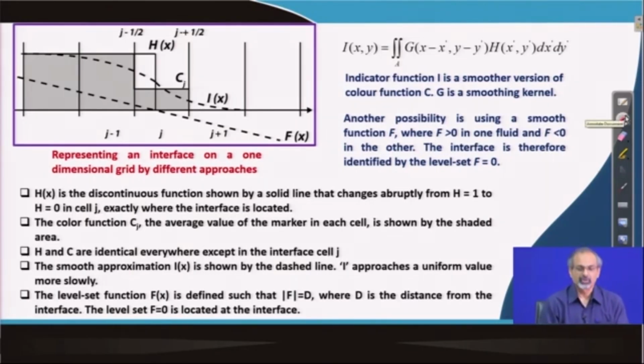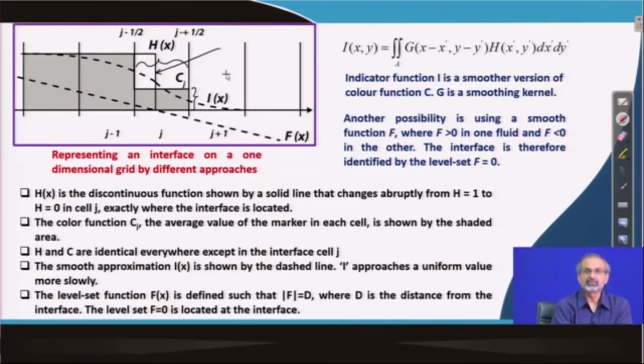Here we are talking about an interface region. You can understand that this is the interface region where the Heaviside function has dropped down sharply, and because the color function is essentially an integrated effect of the Heaviside function within a certain cell, the color function occupies this gray region, as though the cell is getting filled from bottom up.